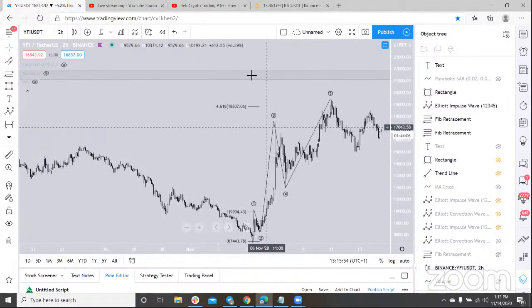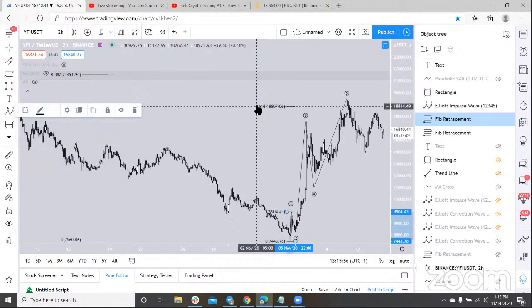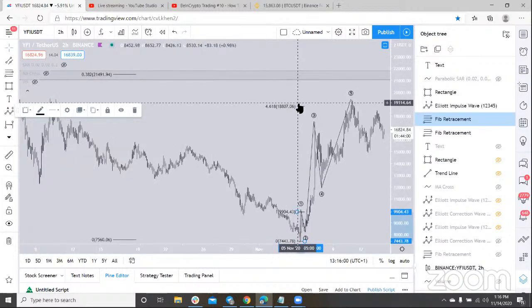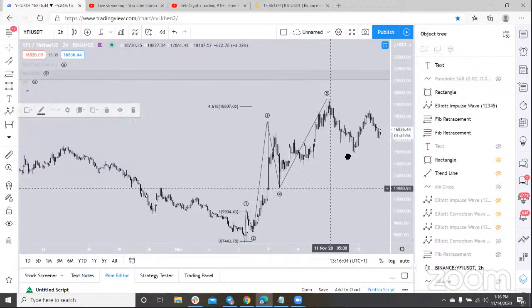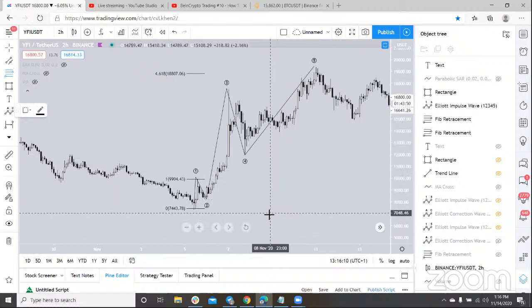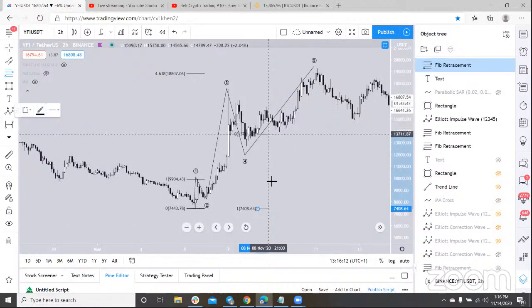So use the 4.618 is here, but the other resistance is here. So in this case, it would give you a very wide range. What you can do is either use an external retracement or use a projection. Now, by projection, I mean this can only be done for wave 5s.